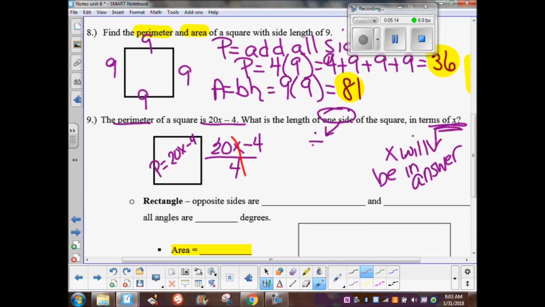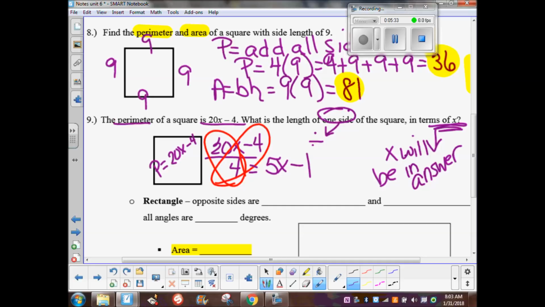Essentially what you're doing is that divided by 4 and that divided by 4. Awesome. 5x minus 1. And that's each one of the sides.